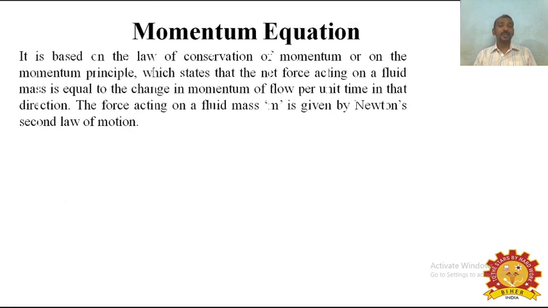Based on the law of conservation of momentum, or the momentum principle, we state that the net force acting on a fluid mass is equal to the change of momentum of fluid flow per unit time in that direction. The force acting on the fluid mass m is given by Newton's second law. So F is equal to mass into acceleration, m into a.